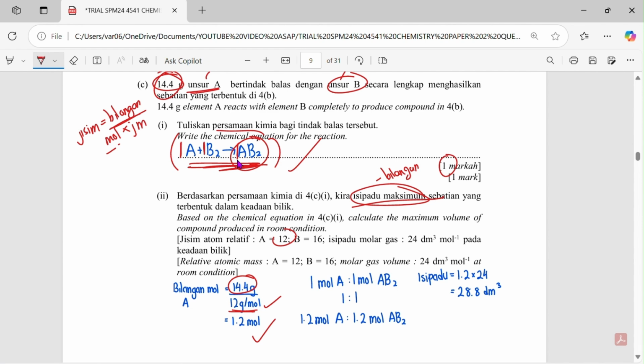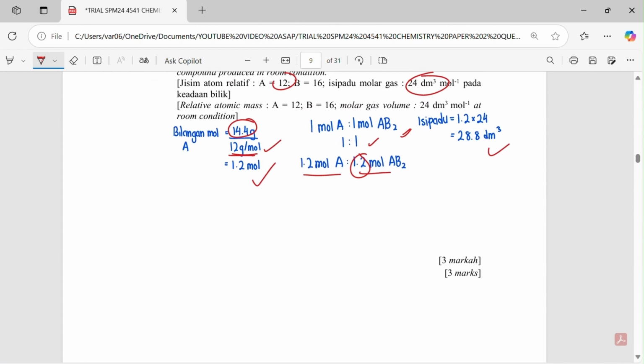So basically 1 mole of A can produce 1 mole of sebatian P. So you use that ratio 1 to 1 and you'll get 1.2 mole A, 1.2 mole sebatian P. With this mole, you times isi padu molar gas 24 dm cube. As simple as that. 3 marks. Each step, 1 mark. Okay?